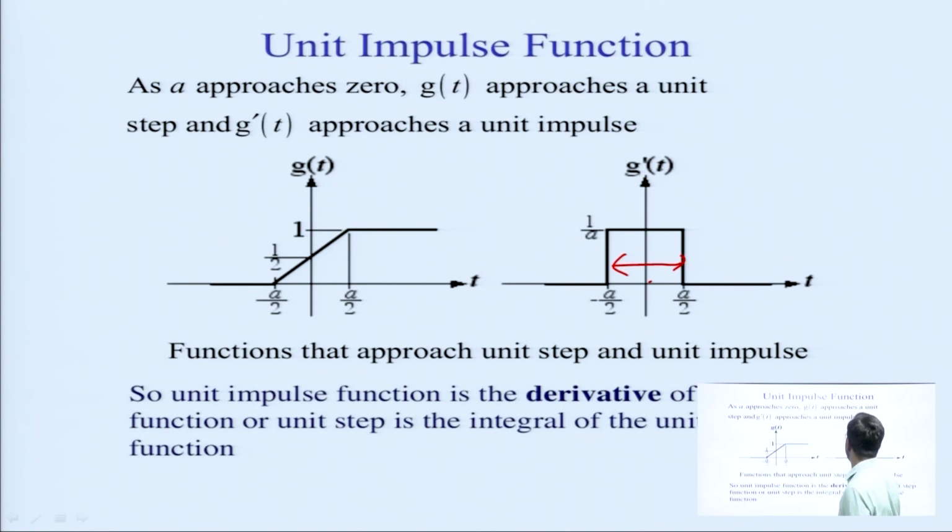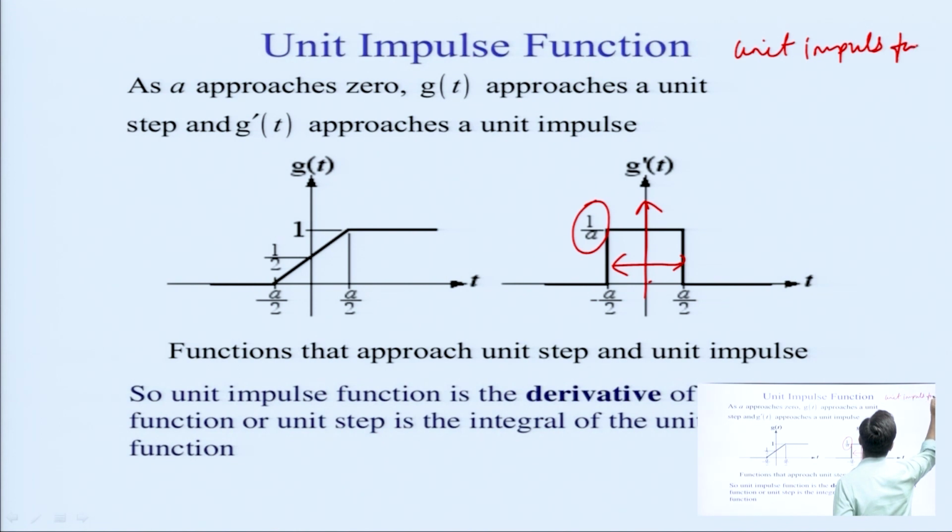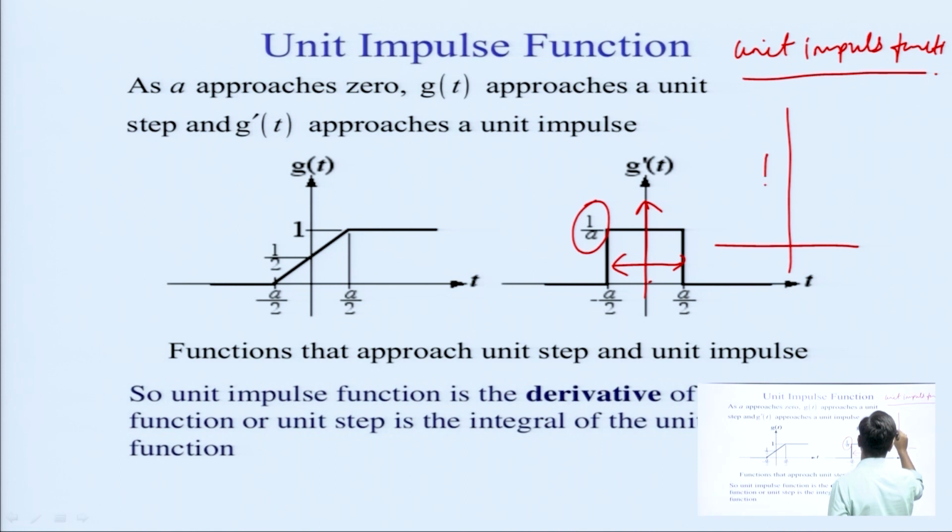Here the magnitude is 1 by a, but in an impulse function it will go up to infinity. If you want to represent a unit impulse function, it will be like this. The value only exists for t equal to 0 and for all other values it is 0.